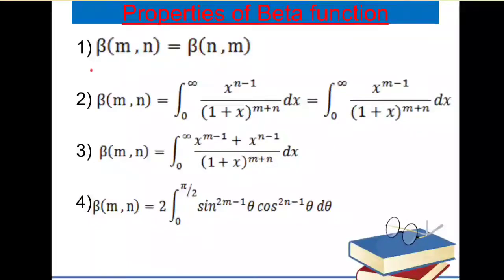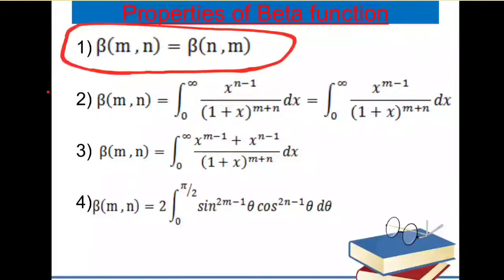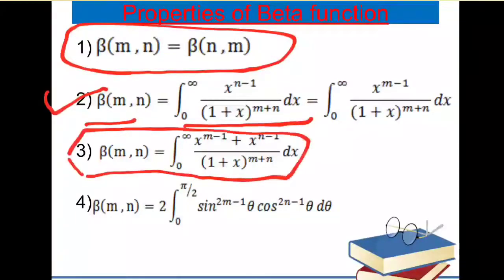the first property is beta is symmetric, that means m and n we can interchange. Second property is integral 0 to infinity x raised to the power n minus 1 divided by 1 plus x raised to the power m plus n dx. That means we can write beta in the form of integral 0 to infinity in this form. Now see here, this is the third property of beta function.